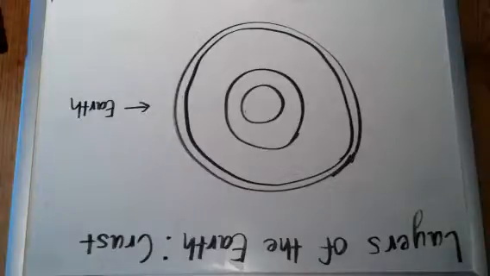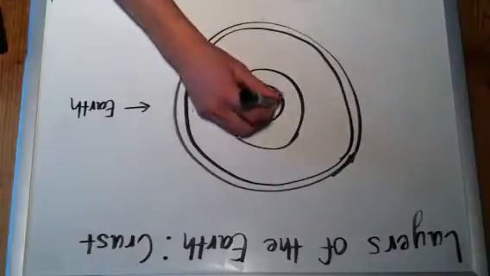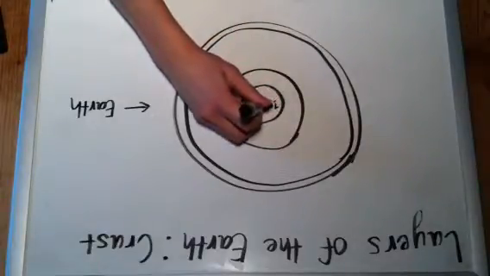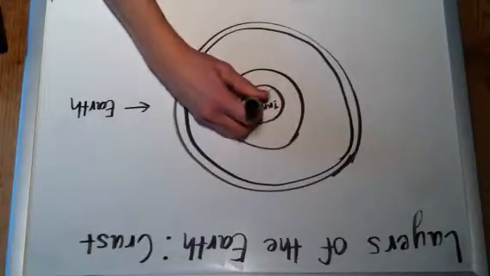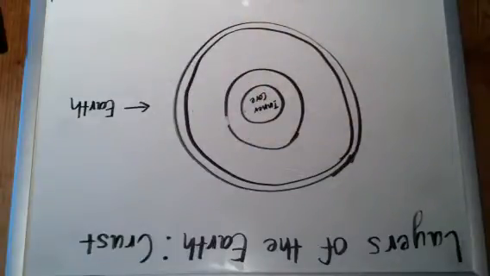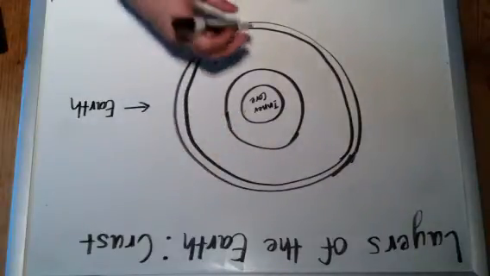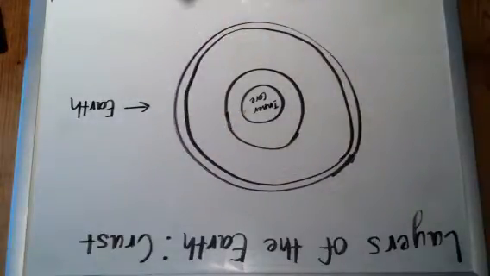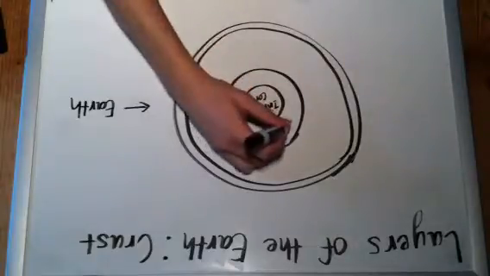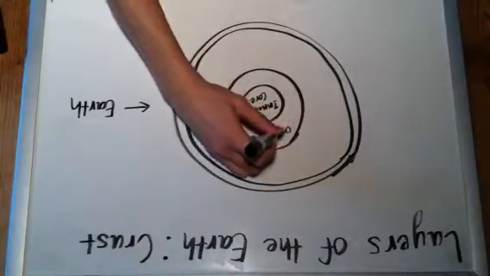And just for a very brief review, if you aren't aware, the Earth is divided into layers. The innermost layer is the inner core. That's right here. Inner core, which is just a sphere of very hot metal in the middle of the Earth. I'll go into more detail on these other layers in later videos, but for now we're focused on the crust.